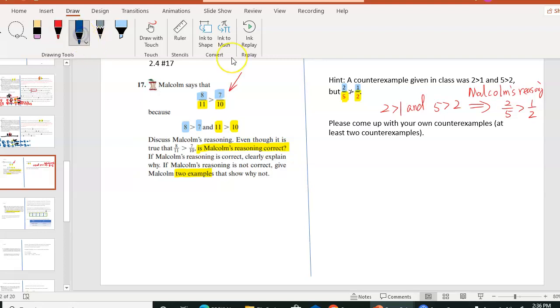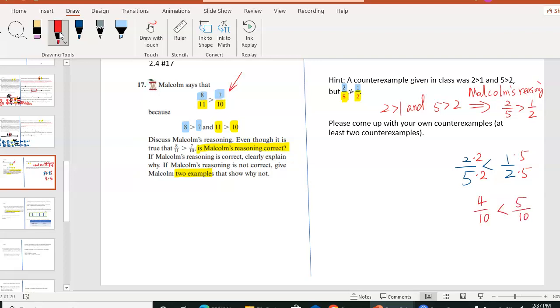And why do we know 2/5 is actually less than 1/2? You could use common denominator, cross multiply, common numerators, whichever way you want. I'm just going to do a quick common denominator. I multiply this one by 2, this one by 5, so I get the same denominator: 4/10 and 5/10.